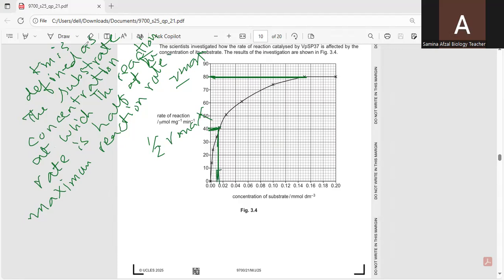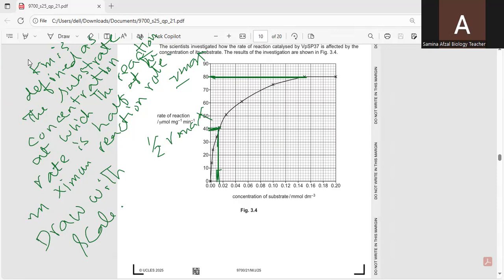So please draw again with a scale. So here it will be 0.02.